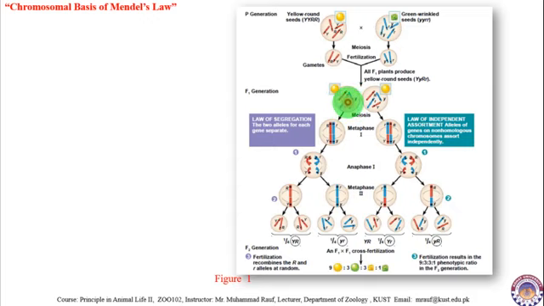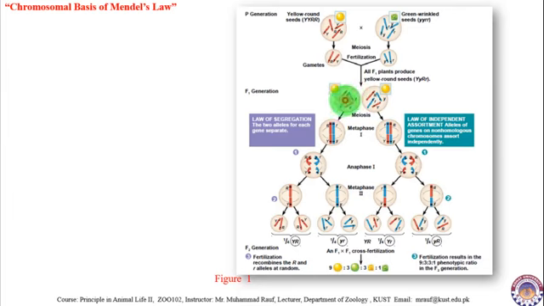Now here the basic concept starts. So these are the F1 hybrids. Some of the F1 hybrids will be males, some will be females, but they are heterozygous, and they are exhibiting the characteristics of the dominant parent.